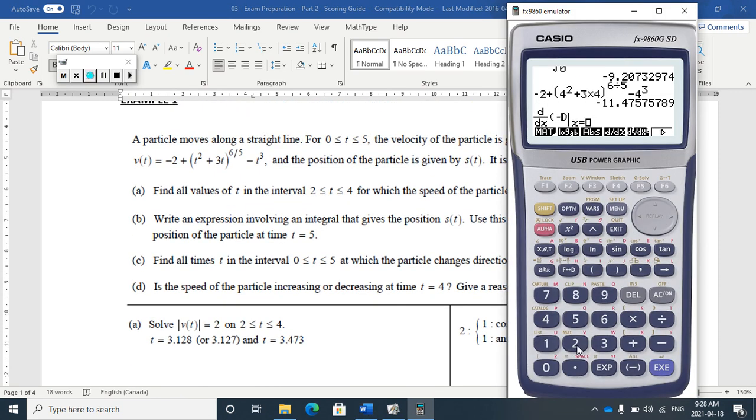Negative 2 plus x squared plus 3x, and then exponent, oops, it jumped right off of there. Well, the x value is 4. It's going to let me back in.